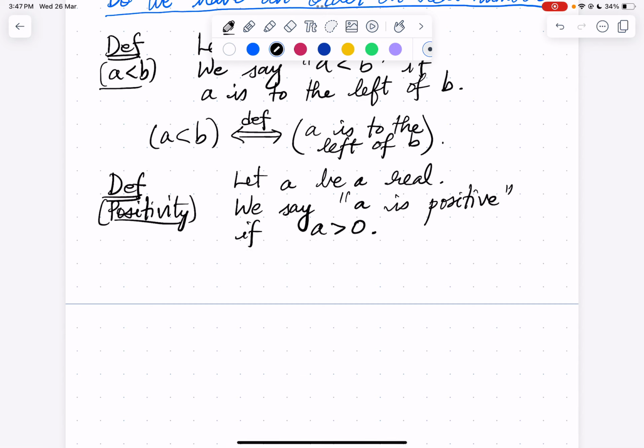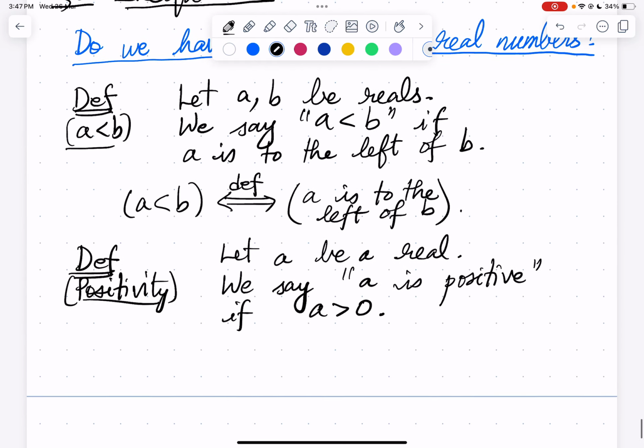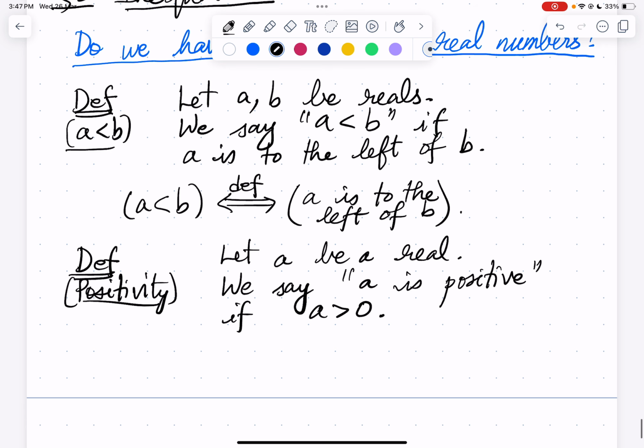Saying A is to the right of 0 or 0 is to the left of A mean the same things. So first we defined what A less than B means. A less than B means A is to the left of B. And secondly we defined positivity. Saying A is positive just means A is greater than 0. So these are some basic definitions.